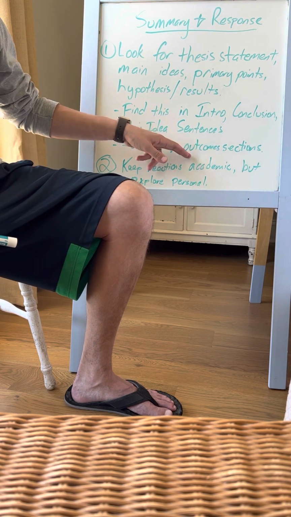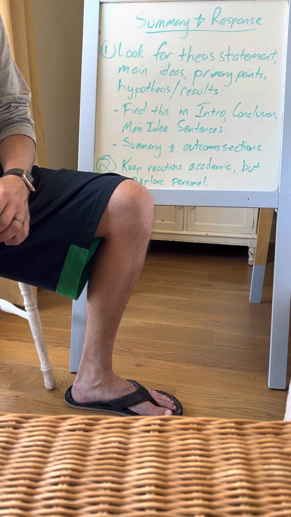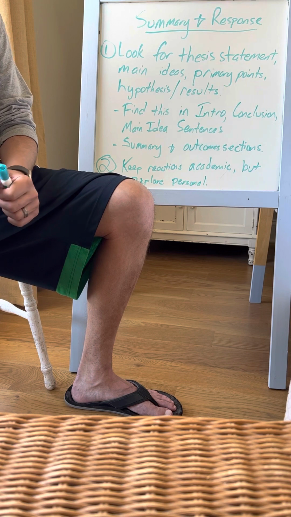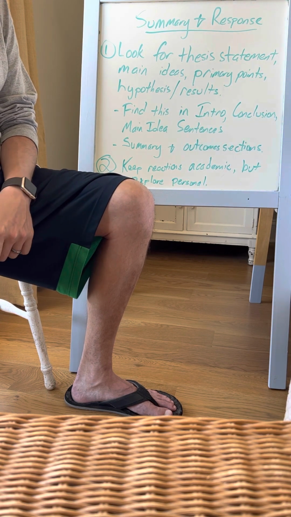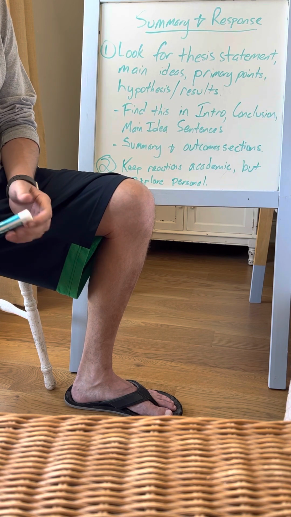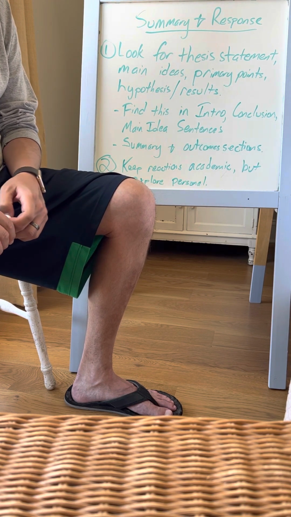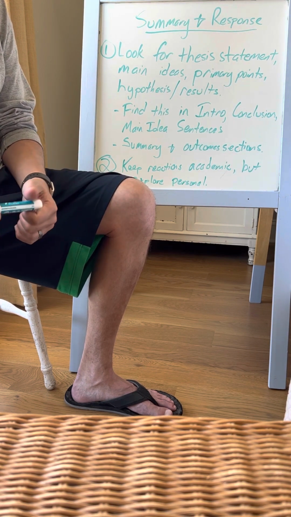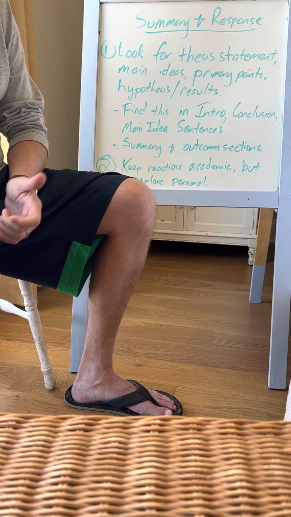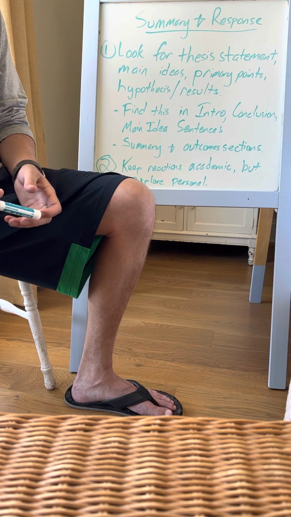And again, sometimes outcomes will be called results and vice versa. It just depends on the discipline that you're talking about. So biology might be different than chemistry, nursing might be different than psychology. It just depends.